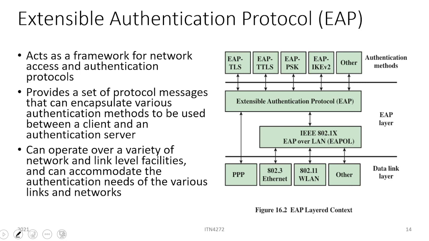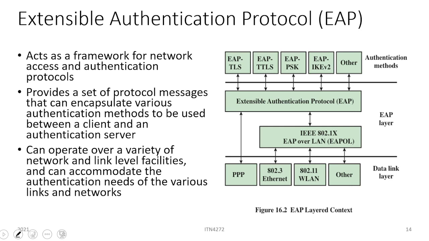For that, we will have what is known as the Extensible Authentication Protocol, or EAP. The idea is it is not a single mechanism but a framework that could provide a suite of protocols to do network access and authentication.